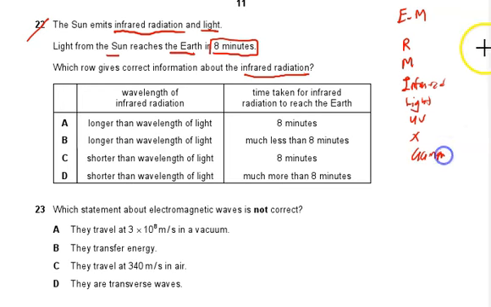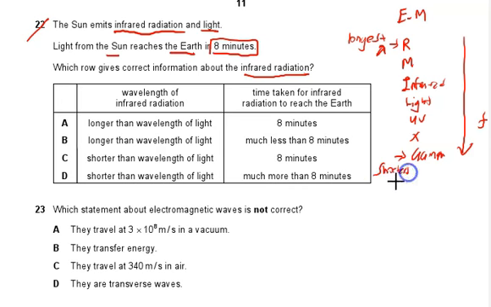Here you have an increase in frequency and a decrease in wavelength. So here we will have the longest wavelength, lambda, and here we will have the shortest wavelength. If you notice, infrared has a longer lambda than light.